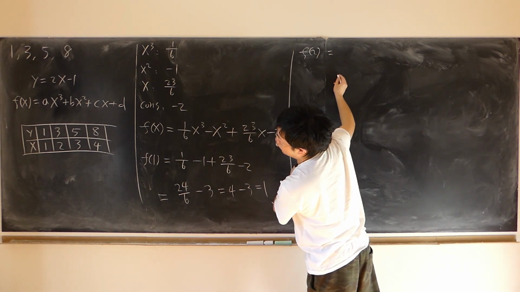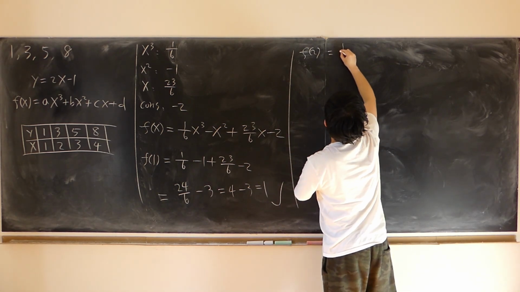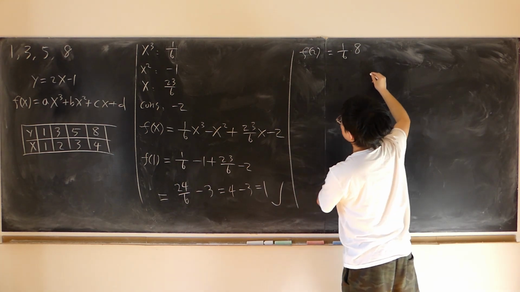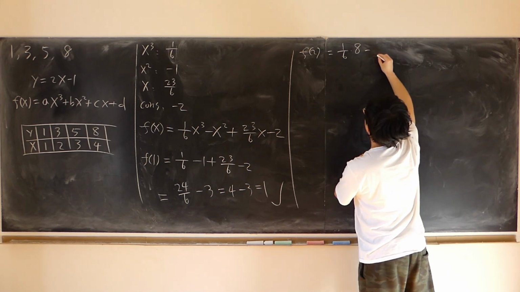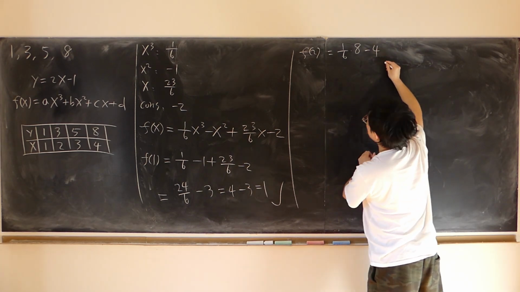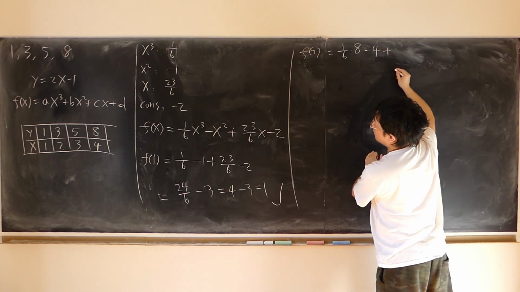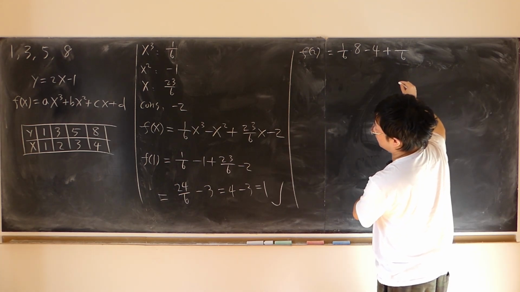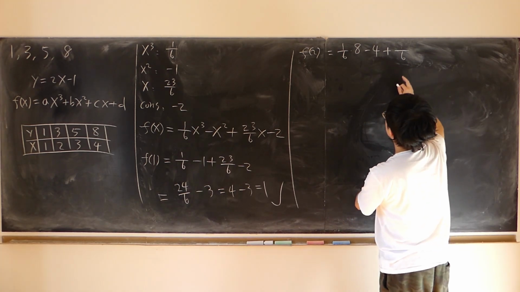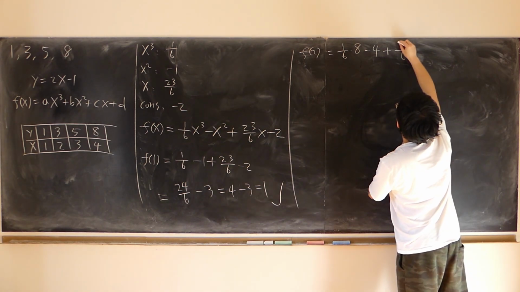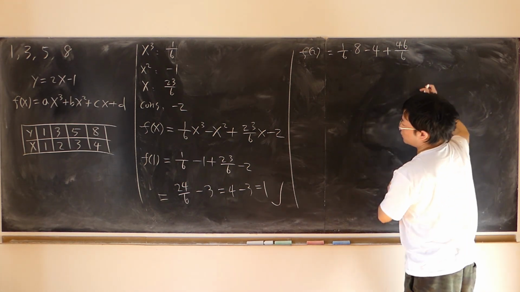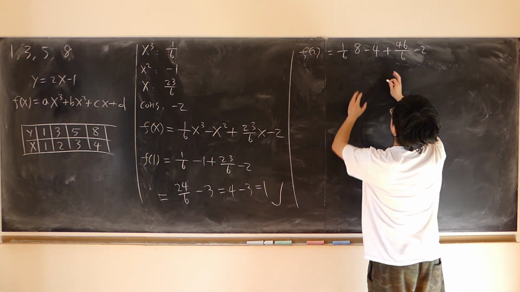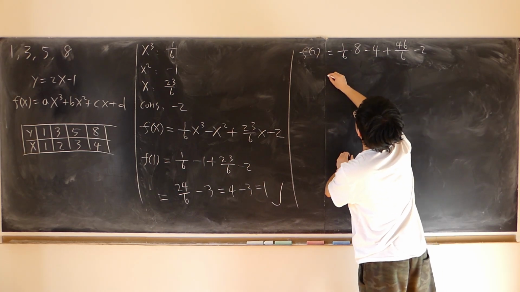What is f of 2? Is it really equal to 3? So 1 over 6 times 2 cubed, that's 8. Minus 2 squared, that is minus 4. Plus 23 over 6 times 2. 23 times 2 is 46, minus 2.